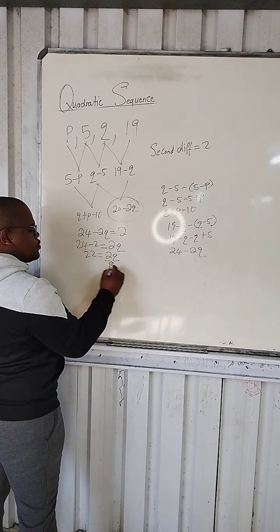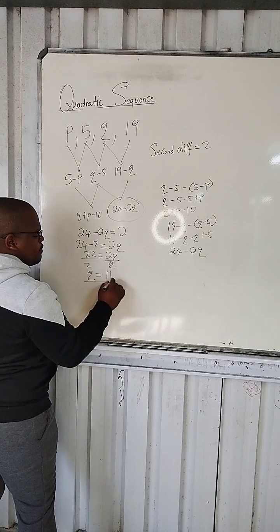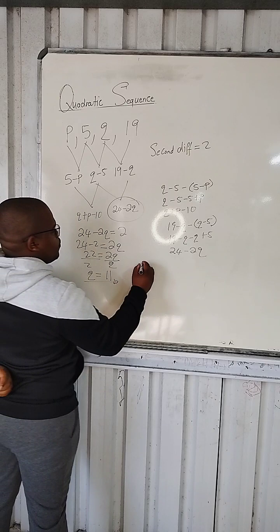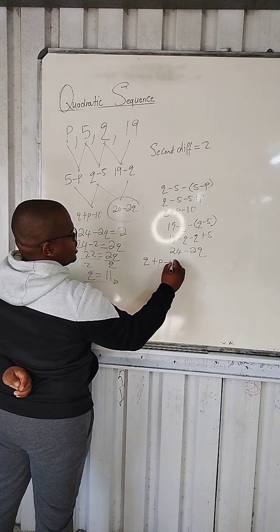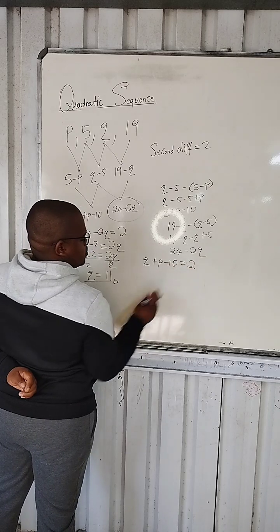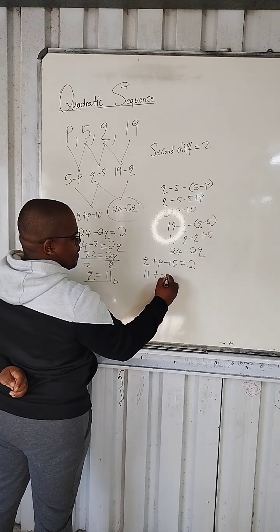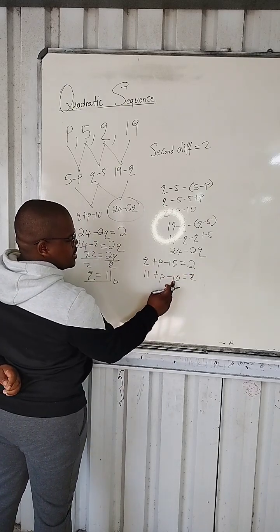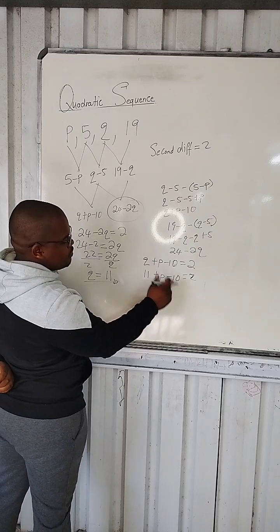We divide by 2, divide by 2. Hence, Q should be 11. We take this Q and substitute in this one, where we have Q plus P minus 10 is equal to 2. So we know our Q to be 11 plus P minus 10 equals 2. 11 minus 10 will give me 1.